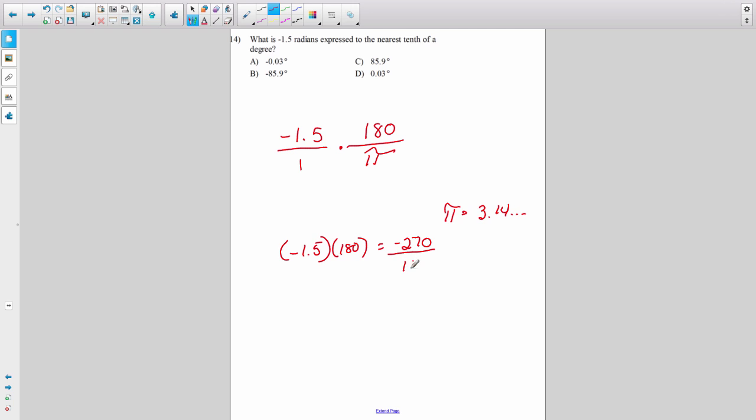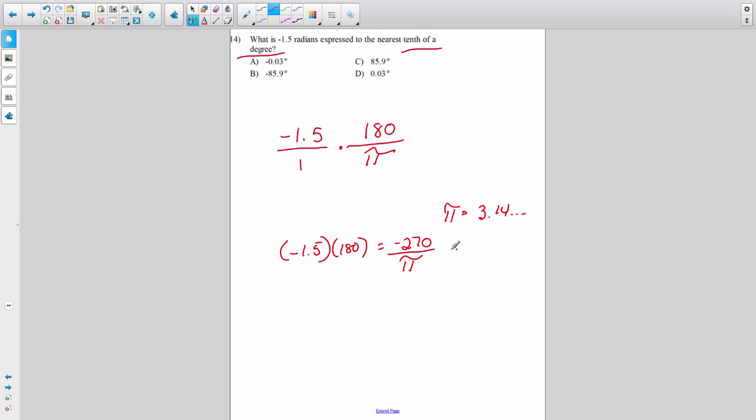But I still have that pi on the bottom. And we want it to be the nearest tenth of a degree. So we're going to take the 270 and divide by pi. Now pi on your calculator is right above division. It's the caret key. You have to hit second caret.